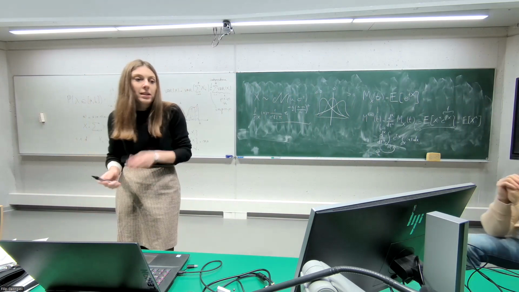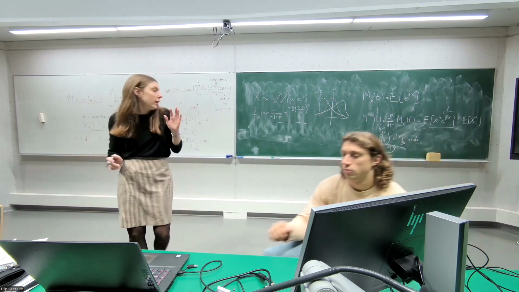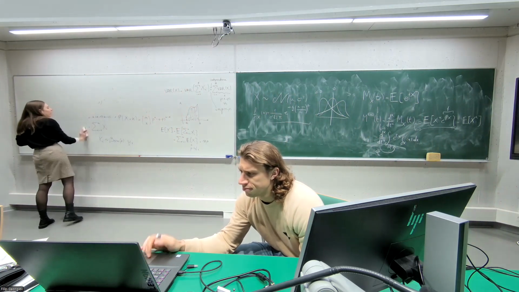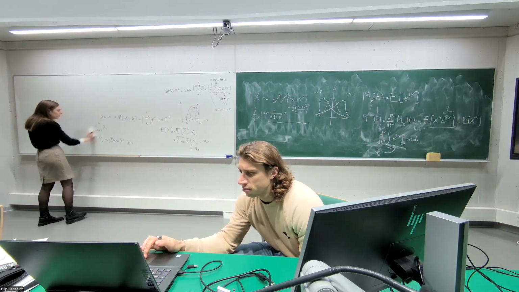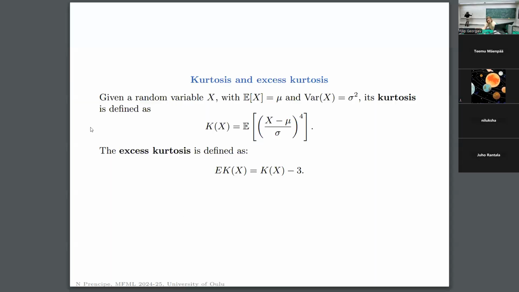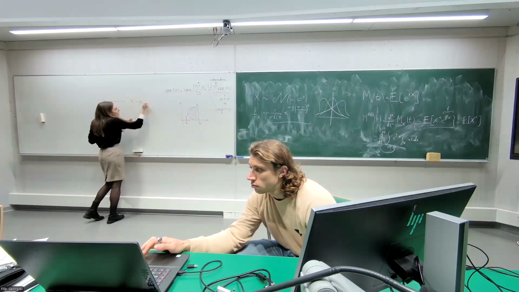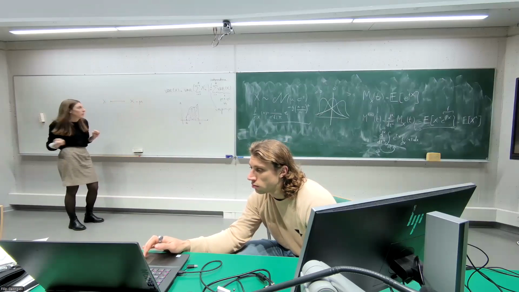So what is kurtosis and excess kurtosis? Oh, yeah, before that. What happens if I have a random variable x, and instead of x, I'm using x minus its average, mu?